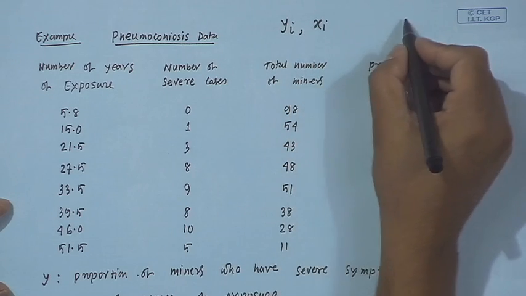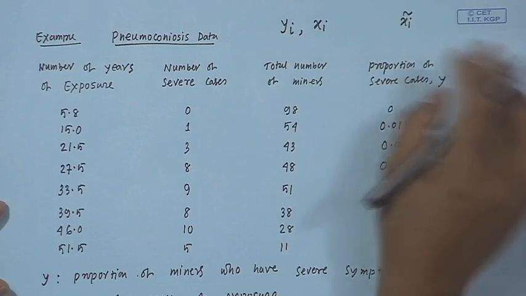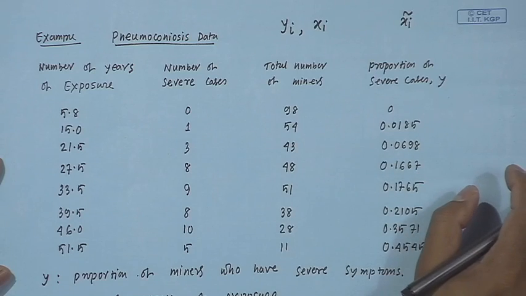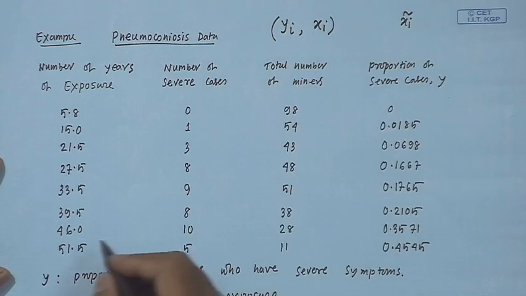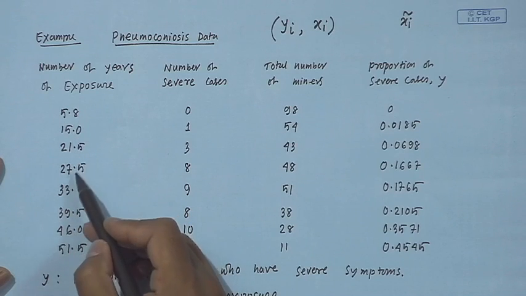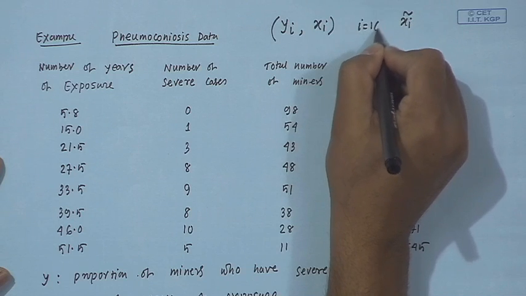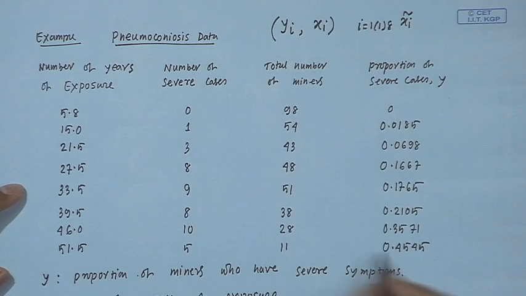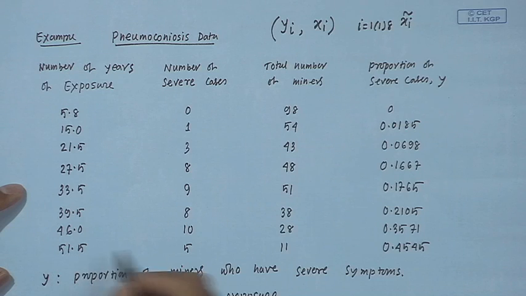Here I talked about this x_i vector. This vector consists of only one component, it is a simple regression type of model. So, I have this data for i equal to 1 to 8. My y_8 is equal to 0.45 and my x_8 is 51.5 years.